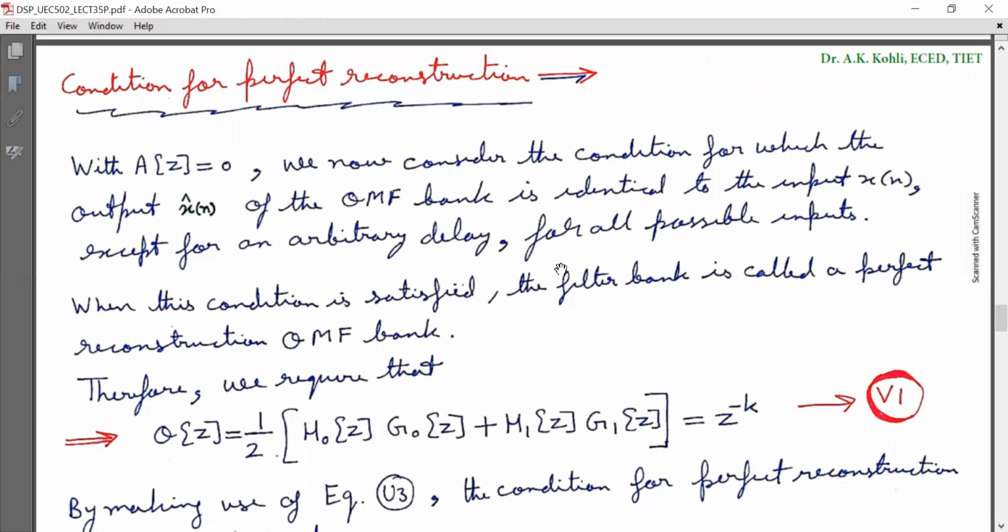So we want to reconstruct the input signal x[n] at the output. So x cap[n] must resemble x[n]. There can be some delay in the output. When this condition is satisfied, the filter bank is called a perfect reconstruction QMF bank. That is when x cap[n] is approximately equal to x[n].